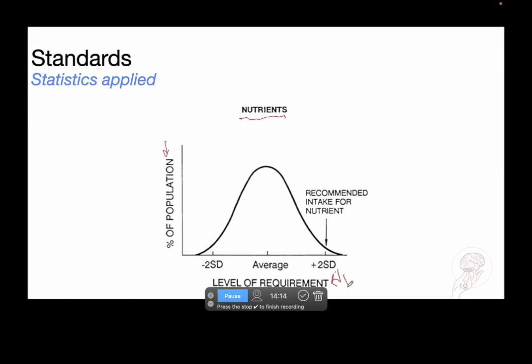So how much? So the average, if we're on a true bell curve, this is what most people need. This is the amount needed to satisfy the most people, to keep the most people healthy.